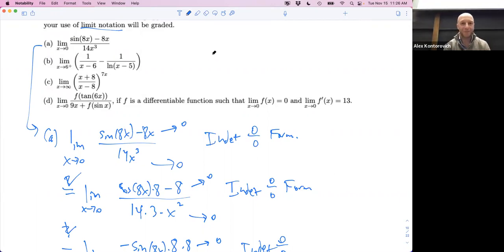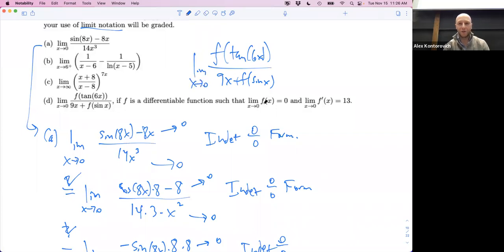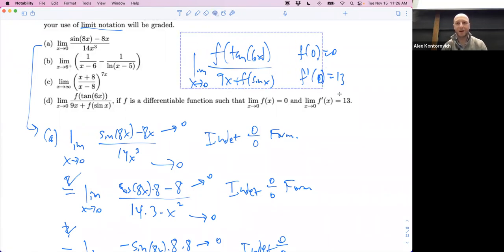Fine. The limit as x goes to 0 of f of tan of 6x divided by 9x plus f of sine x, with f of 0 equals 0 and f prime of 0 equals 13. Okay, let's grab that and go for a ride.